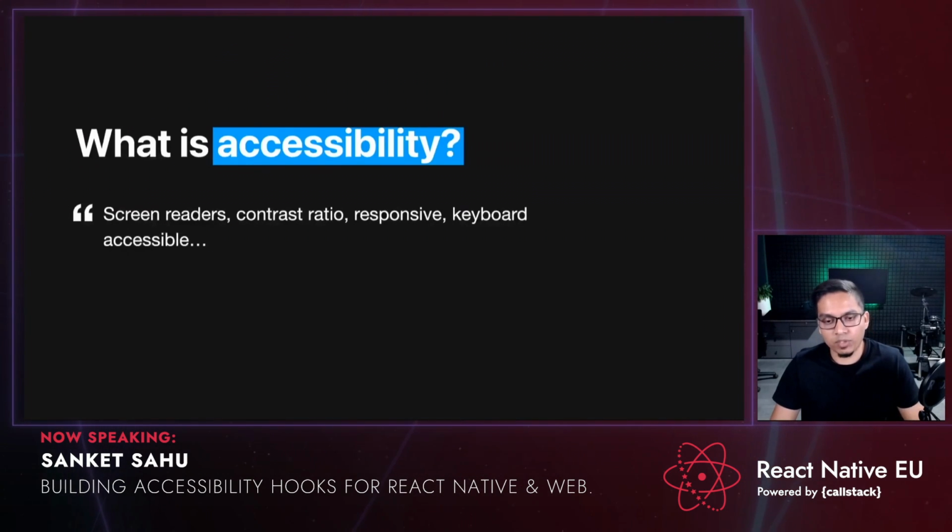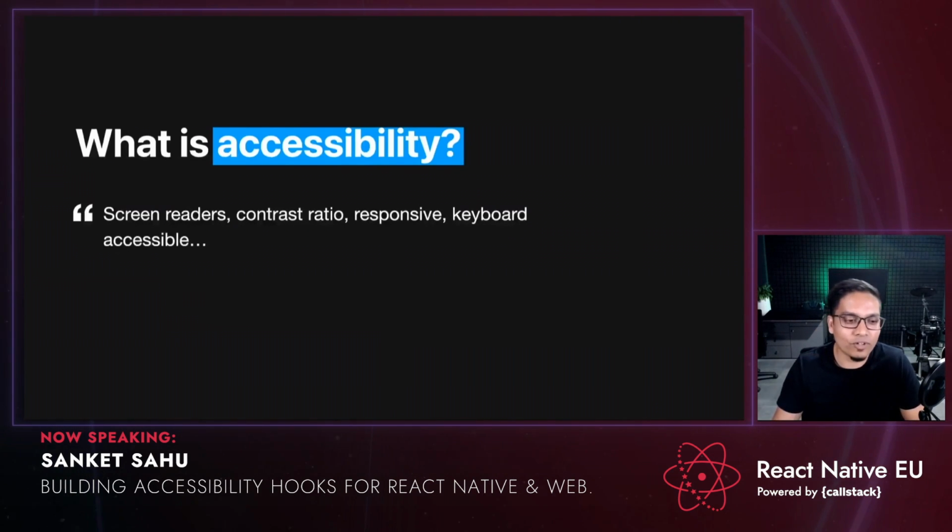Then we have responsive design: the app or website needs to be accessible on the smallest mobile out there, on desktop, and maybe on the largest display out there, like a 108 inch TV. And keyboard accessible. I'm really fond of using keyboards a lot, with tabs and arrow keys, and websites that don't work with keyboards are really hard to use. So let's see what these things are and how we can enable them in our websites and apps.